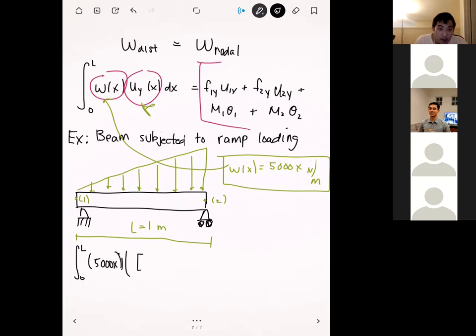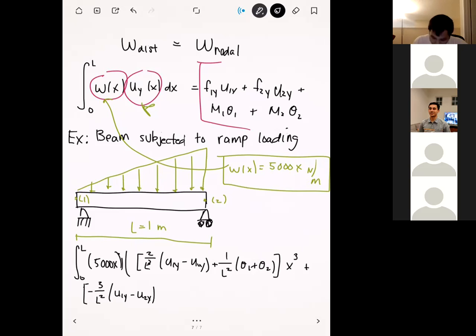As we plug in from the previous page, uy is going to be 2 over L cubed times (u1y minus u2y) plus 1 over L squared times (theta 1 plus theta 2), all times x cubed, plus minus 3 over L squared times (u1y minus u2y), minus 1 over L times (2 theta 1 plus theta 2), and this is x squared, plus theta 1 x plus u1y.